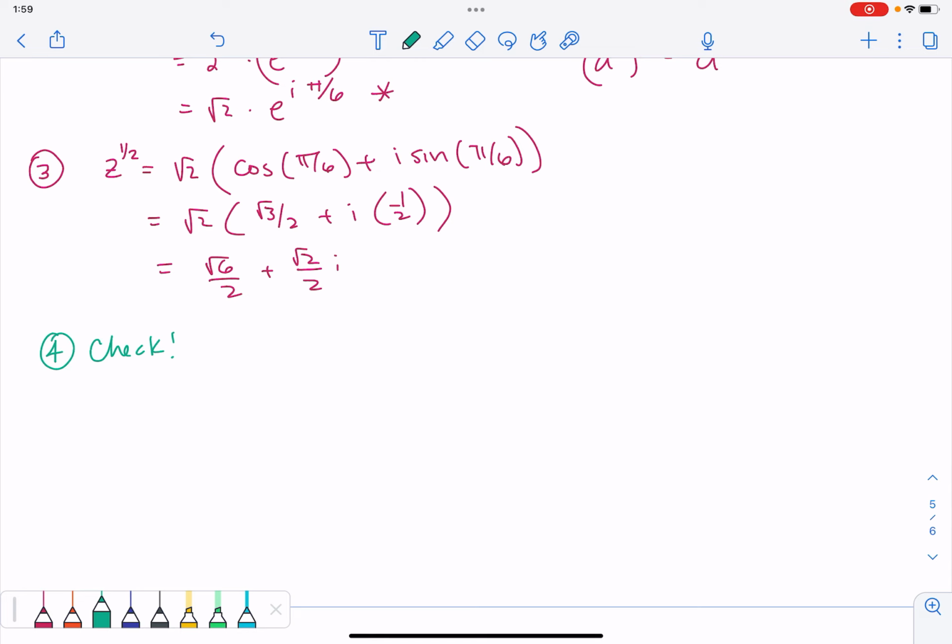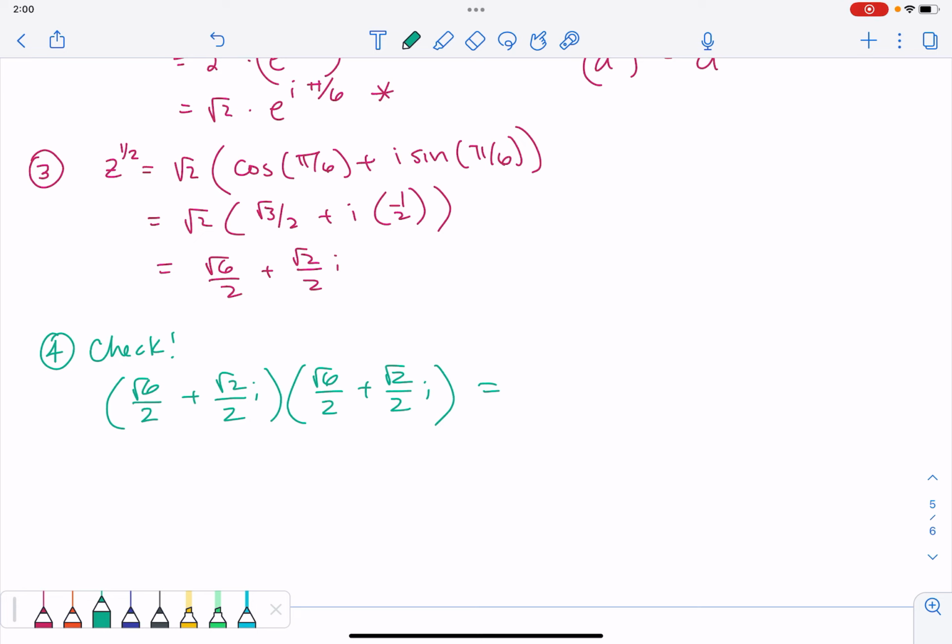Well, this is the square root. When I multiply it by itself, it should get me my original number back. So let's check it. If I do root 6 over 2 plus root 2 over 2 i, and I multiply that by itself, I'm expecting it to get me back z, my original number.